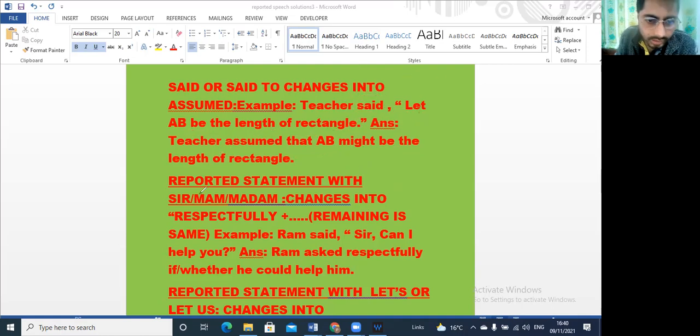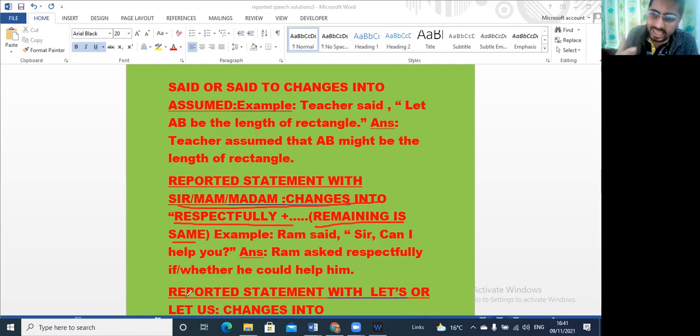Let's move down. Reported statement with sir, ma'am, madam changes into respectfully and the remaining is the same. Whenever we see any reported statement, as I have already discussed, while changing direct speech into indirect one, we have to focus mainly on the reported statement.